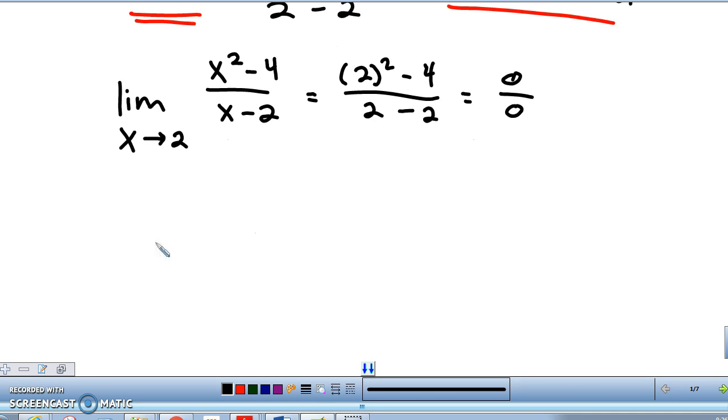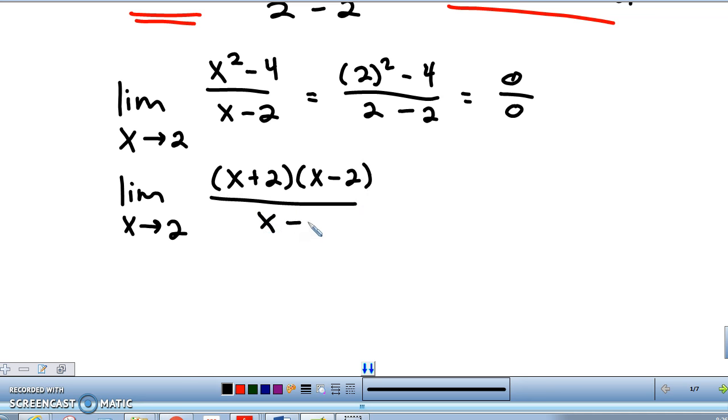This is where we want to do some kind of simplification, some kind of algebra, which is factoring x squared minus 4. Now, remember when I said I would talk to you about canceling the denominator? This is what I mean.